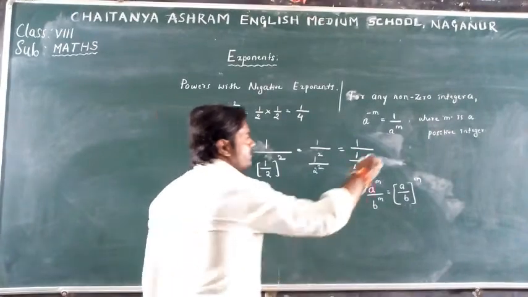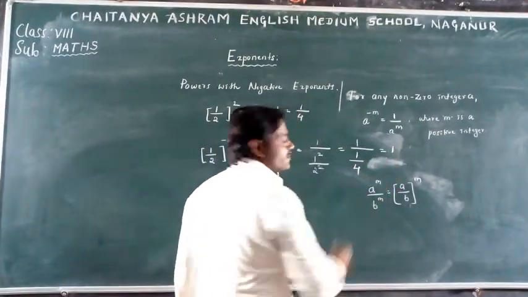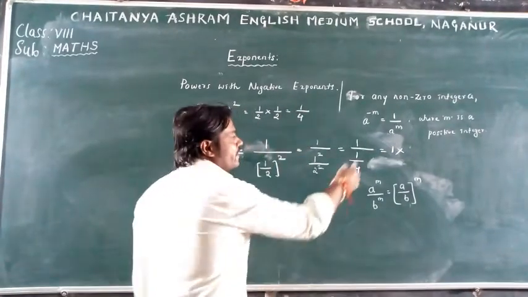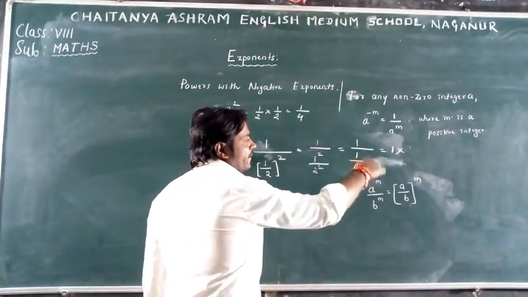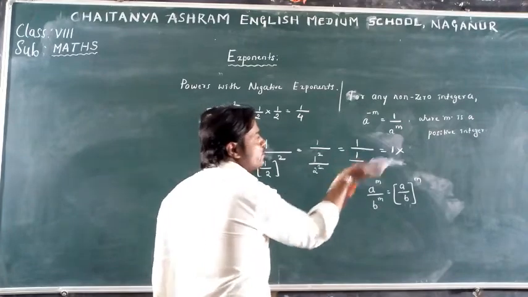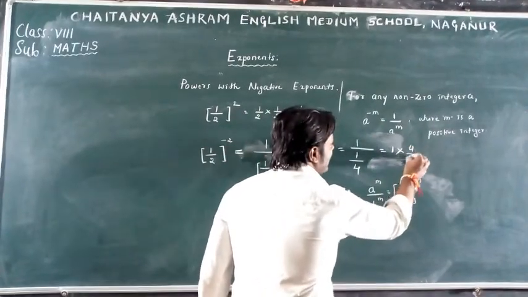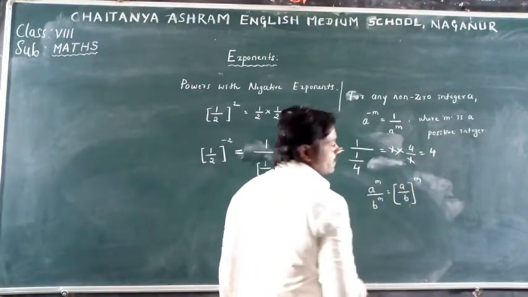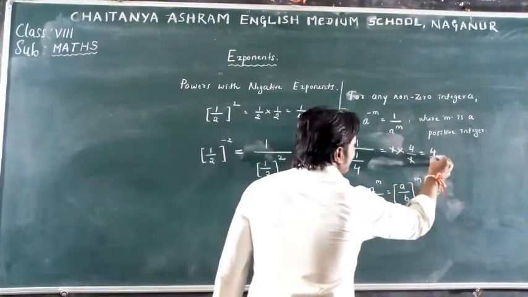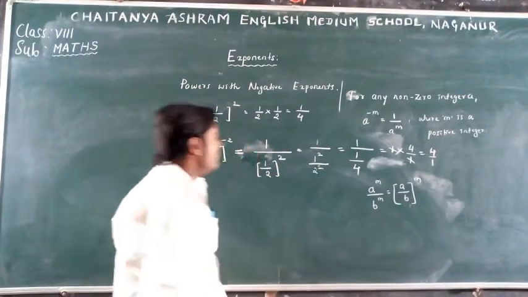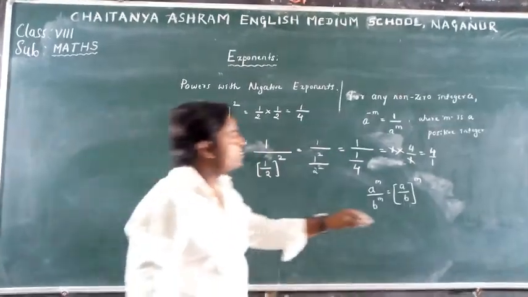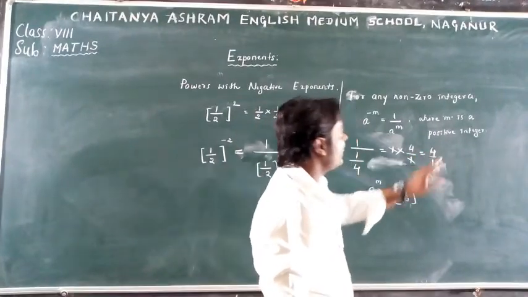Write 1 as it is, convert the division symbol into multiplication, and interchange the numerator and denominator, or shift this to the numerator, which becomes 4 by 1. Then 1 gets cancelled. What is it? 4. What is the denominator? 1. Clear? So what is the value of 1 by 2 raised to the power minus 2? That is equal to 4 divided by 1.